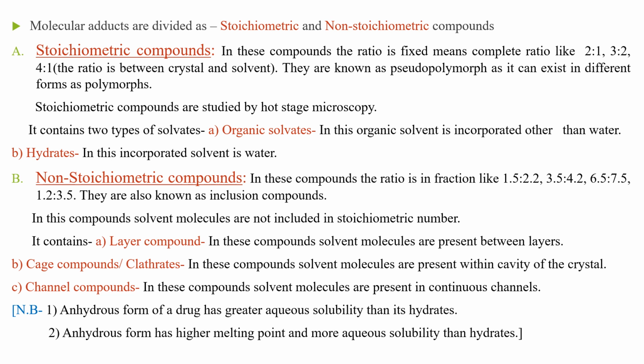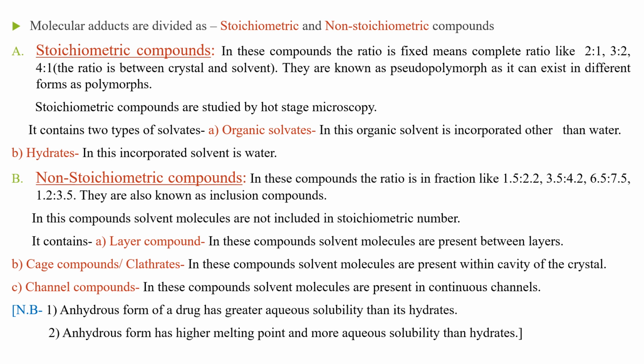Molecular adducts are also further divided into stoichiometric and non-stoichiometric compounds. Let's discuss what stoichiometric compounds are. In these compounds, the ratio is fixed, meaning we can see a whole-number ratio like 2 is to 1, 3 is to 2, 4 is to 1, and so on.